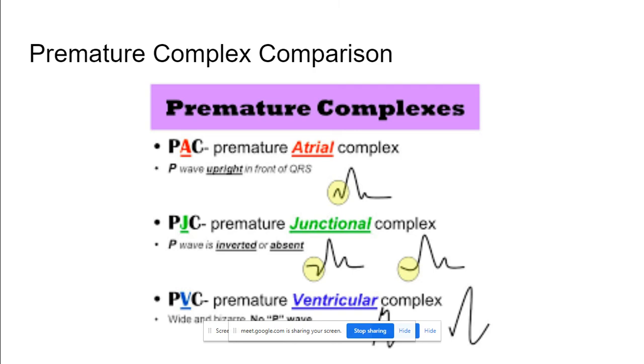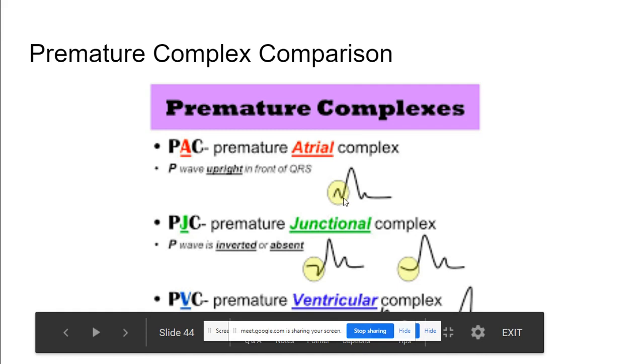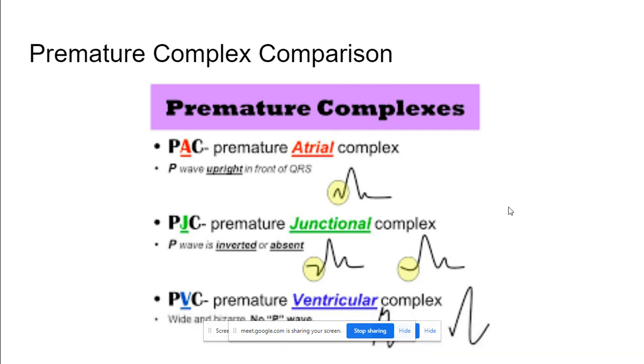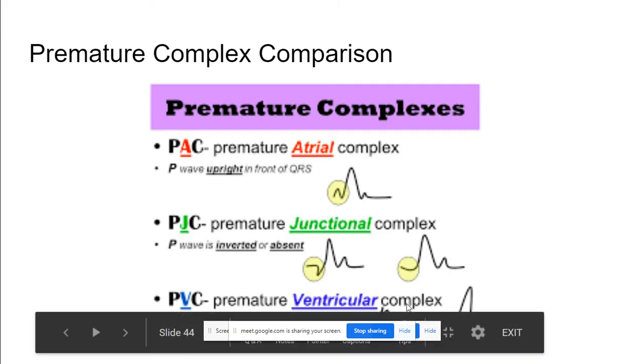When you analyze the P wave, here's a P wave on a premature complex, so we know it's atrial. Here we've got an inverted or absent P wave on a premature complex, so that's junctional. And if it's a premature ventricular contraction, usually you see no P wave and a notched QRS, and the QRS is really, really wide and big.